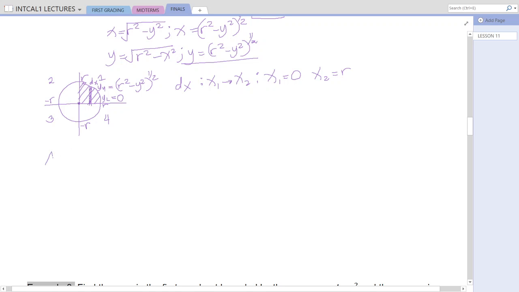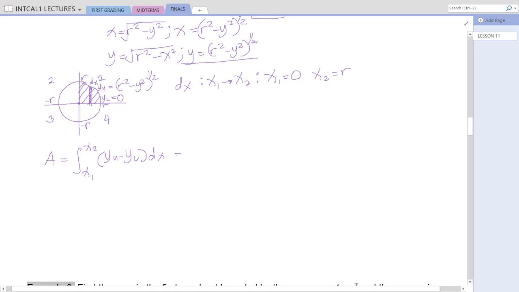Having the area, the area is equal to the integral of the limits from x sub 1 to x sub 2 multiplied by y, which is the height. So that is y upper minus y lower, and then multiplied by the thickness of the differential strip, forming a rectangle, that is multiplied by dx.